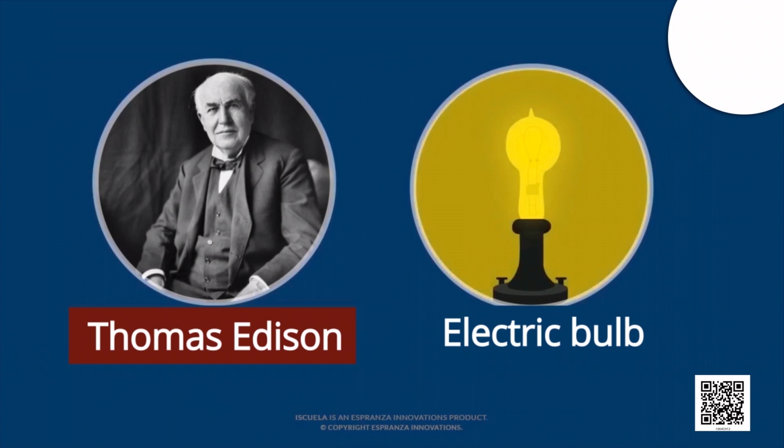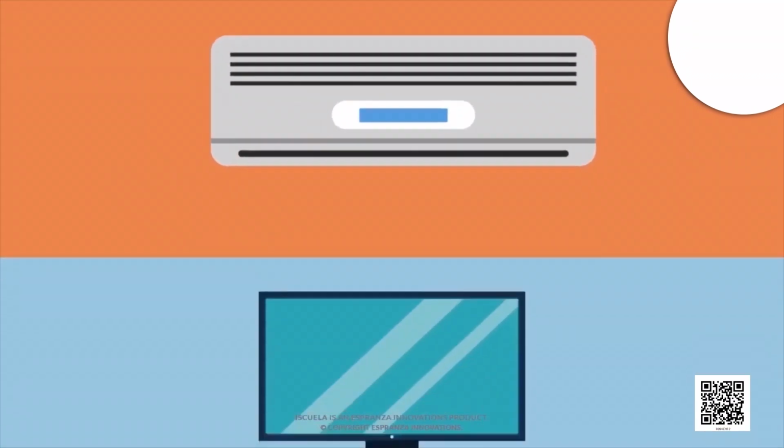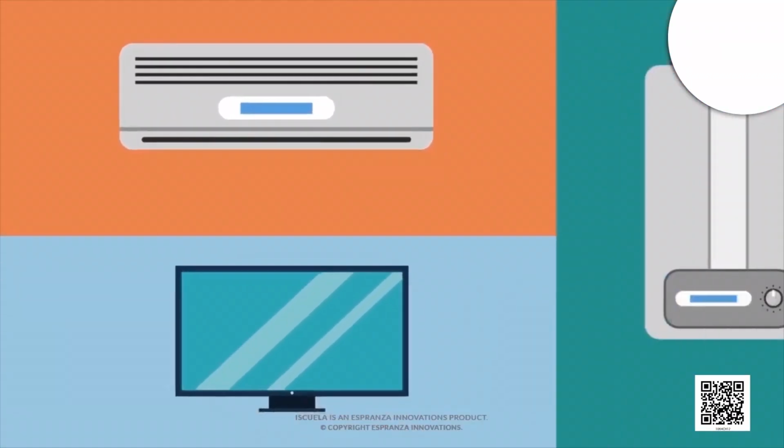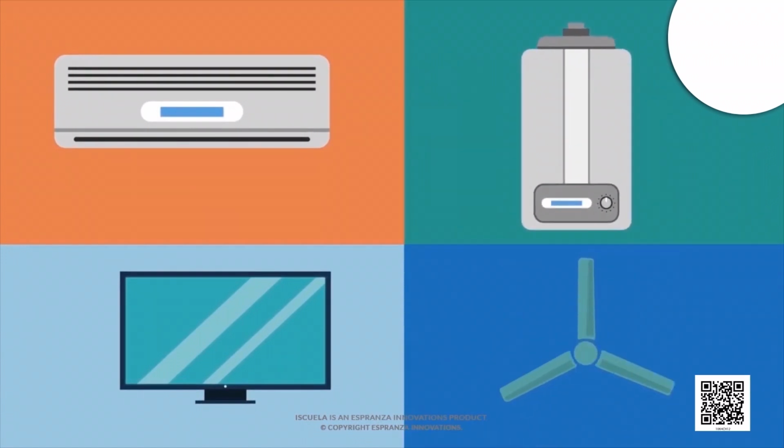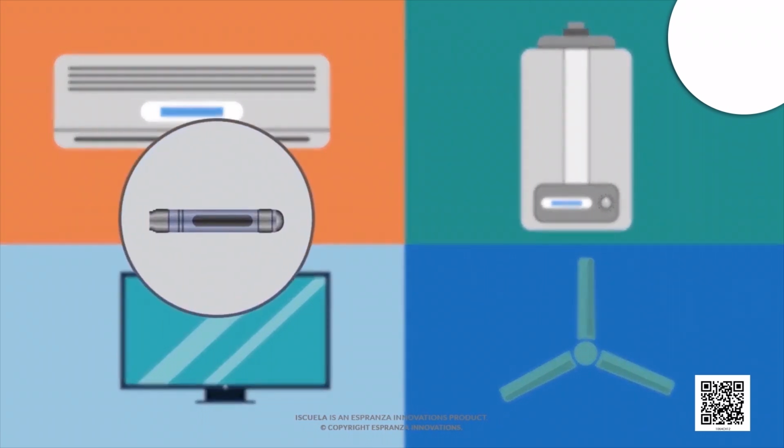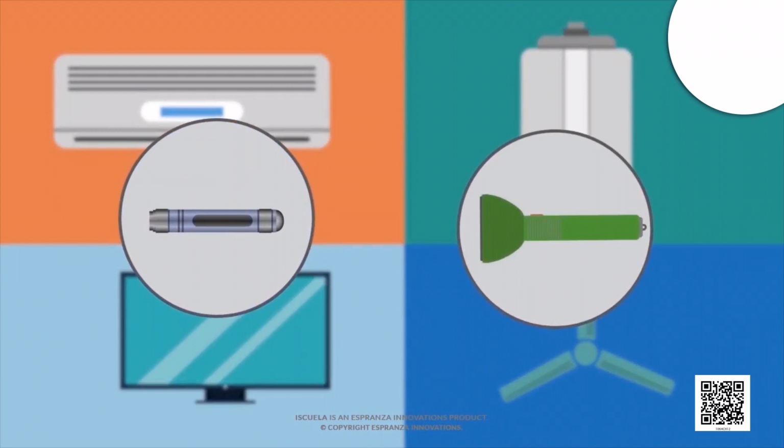In addition to bulbs, all gadgets like ACs, LEDs, geysers, fan, etc. also run by electricity. Not only this, laser lights and flashlights also work on electricity.